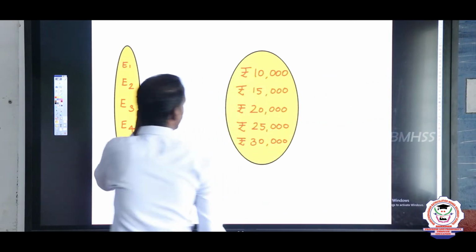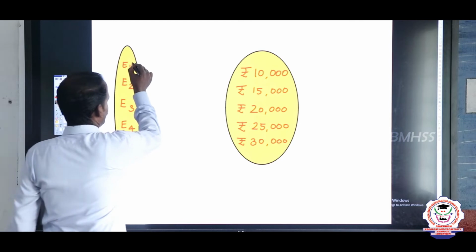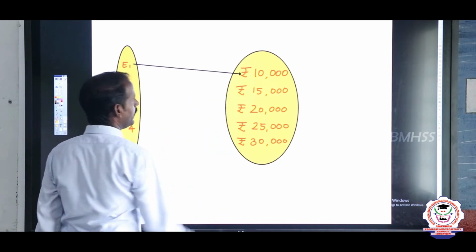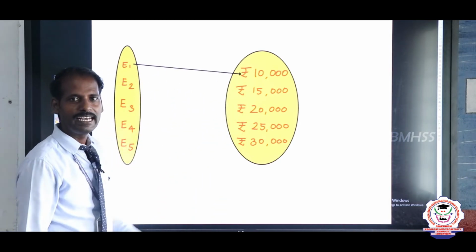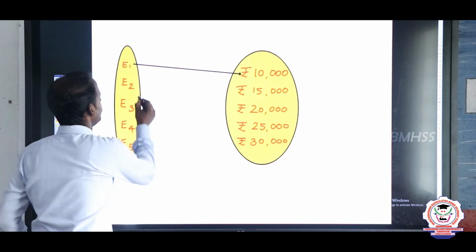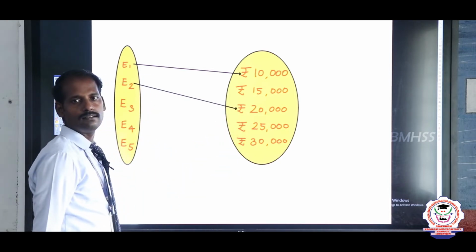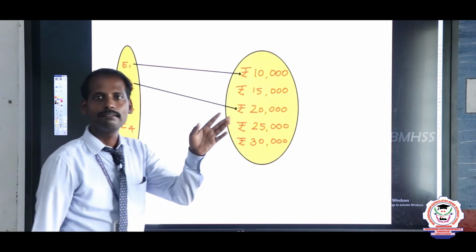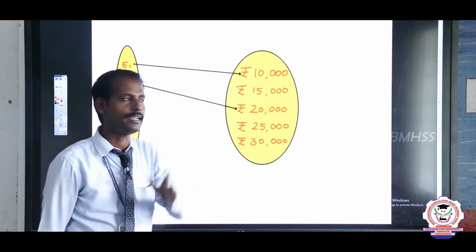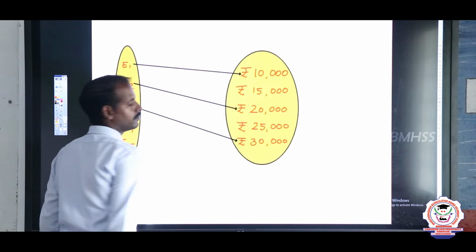Here E1 gets a salary of 10,000. Next, employee 2 gets a salary of 20,000. Then employee 3 gets a salary of 30,000.